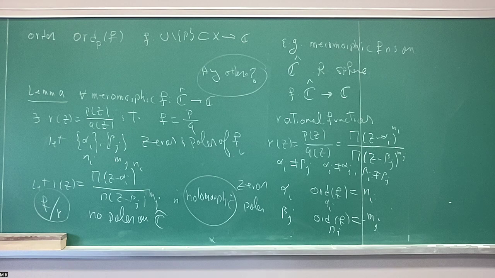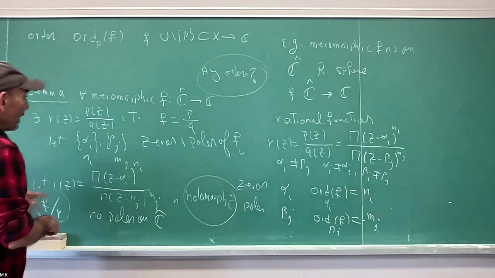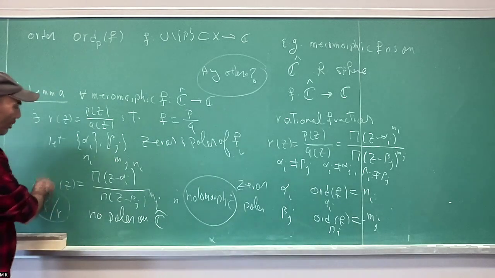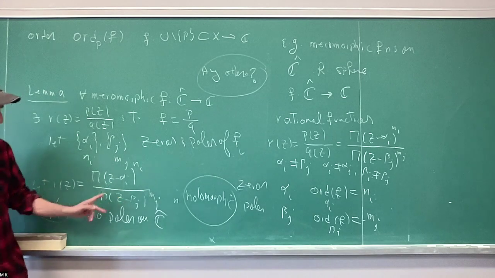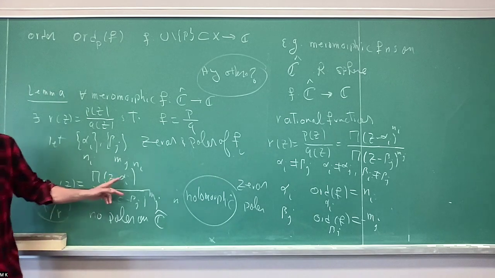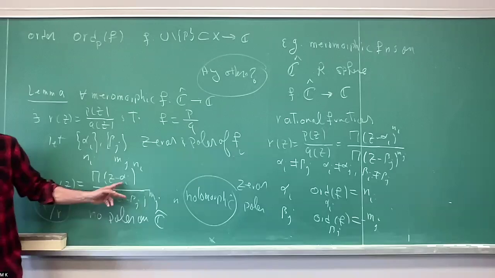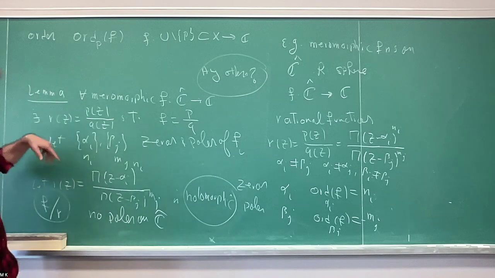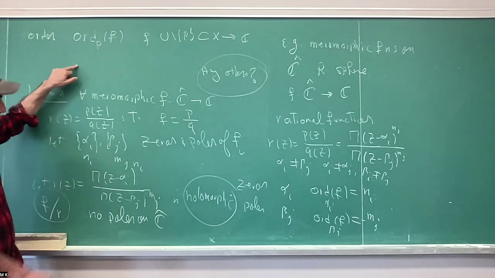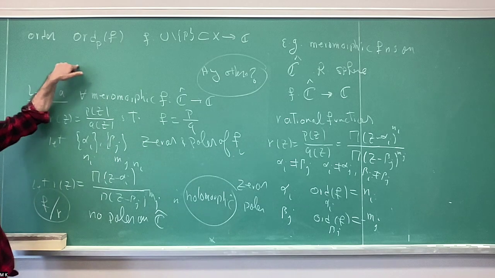Now what about infinity? At infinity I have to use another result. When you do this, you have checked that this function is holomorphic at all points except infinity, because I didn't check for infinity. But infinity is okay because of this result that we will prove again, that the sum of orders is equal to 0.